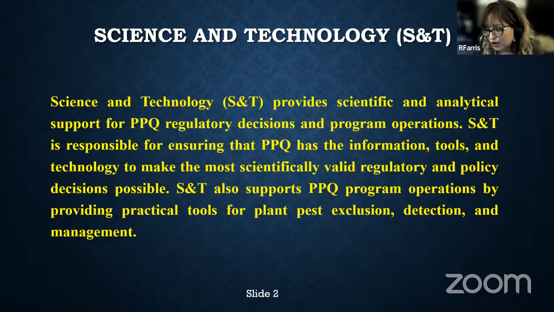S&T is responsible for ensuring that PPQ has the information, tools, and technology to make the most scientifically valid regulatory and policy decisions possible. S&T also supports PPQ, which is Plant Protection and Quarantine, program operations by providing practical tools for plant pest exclusion, detection, and management. So that, in a nutshell, is pretty much what our agency does. So we're basically the scientific backbone of the Animal and Plant Health Inspection Service.